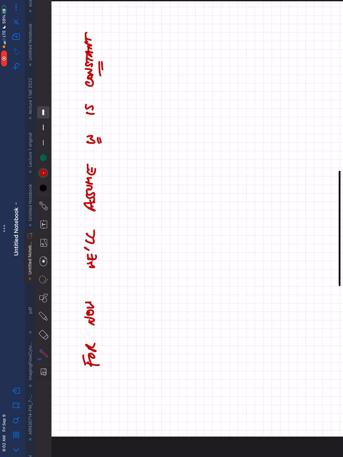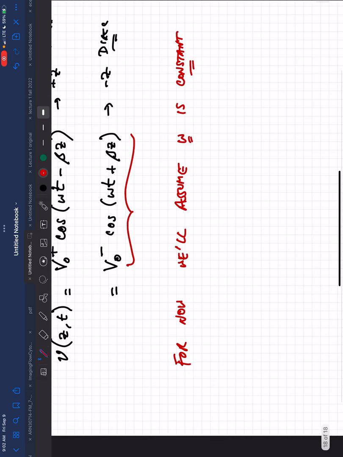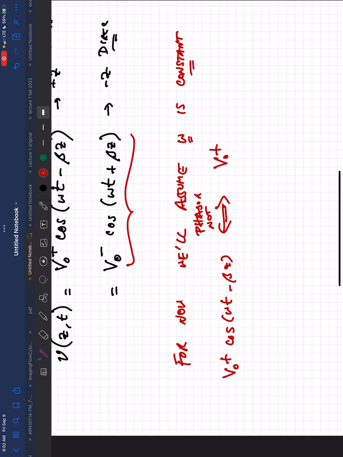So the phasor notation of V0 plus cosine of omega t minus beta z is going to look like V0 plus e to the minus j beta z.